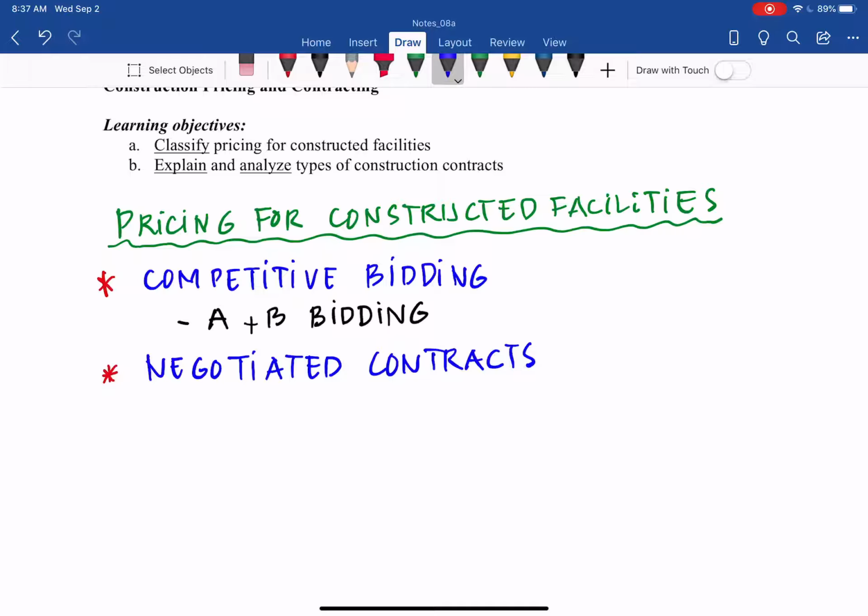Then we can negotiate the contract with a certain specialty contractor to prepare, fix the levee, fix the dam, etc. as soon as possible to avoid extra consequences to the public. So with that, public projects can use a negotiated contract in that circumstance. And then the third one is speculative residential construction.